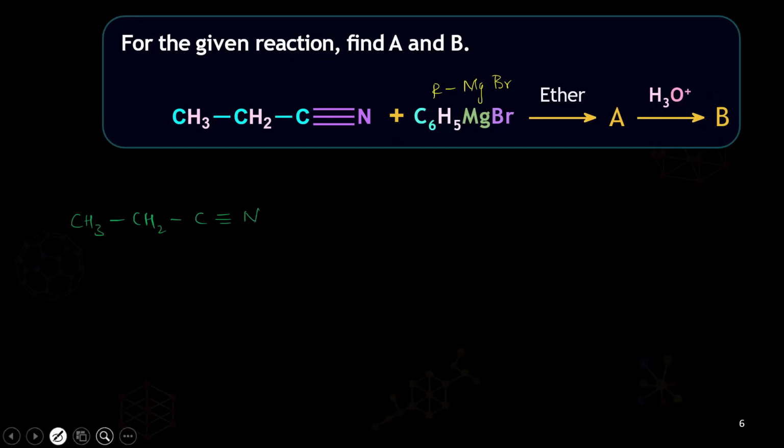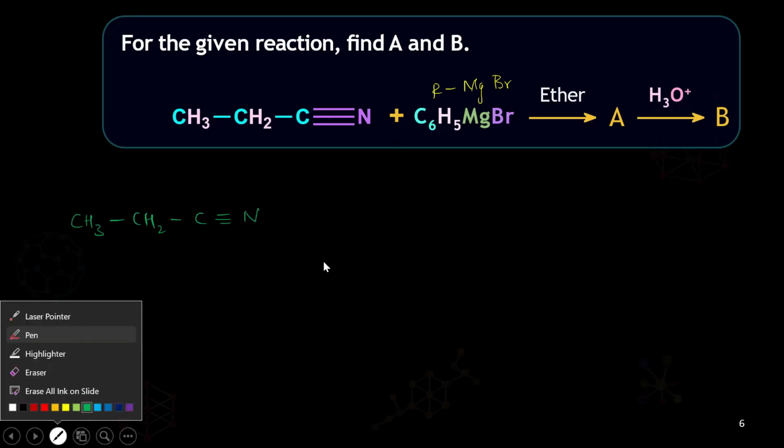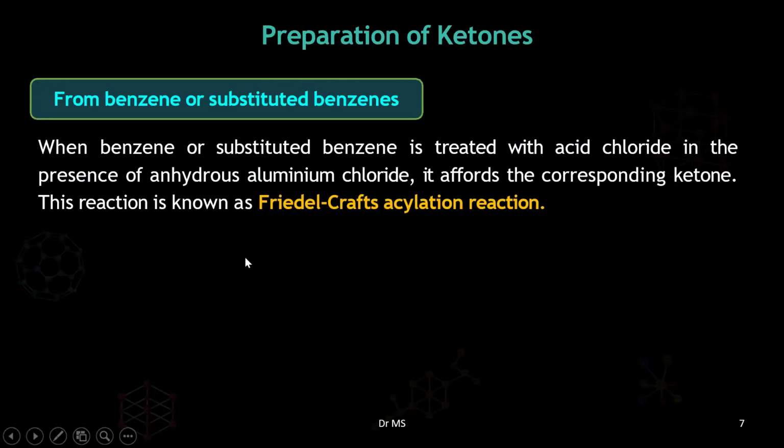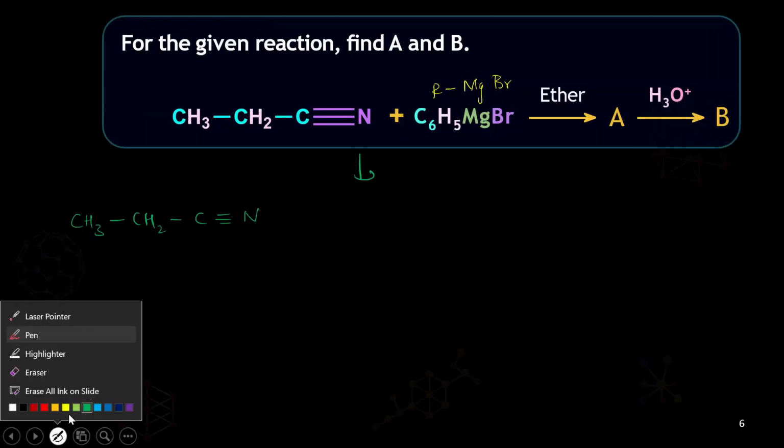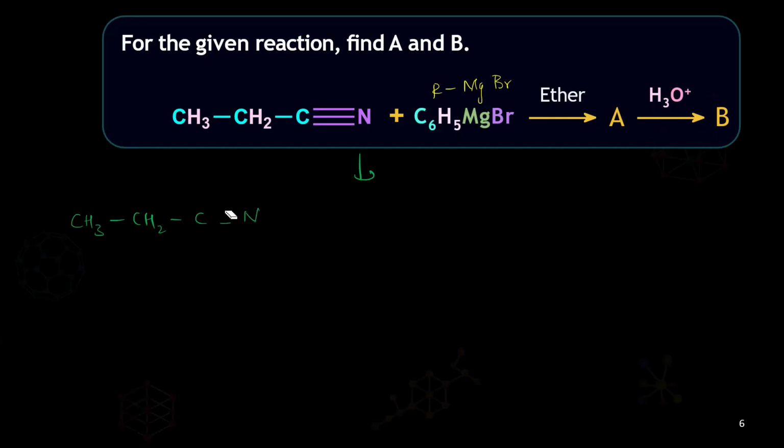Okay, let's do the reaction. I am doing it continuously from here. So what will be my second step? I need to break the triple bond to a double bond. And here this Grignard reagent will go and attack. The C6H5 will go and attach to which carbon? Will it attach to carbon or nitrogen? Carbon.